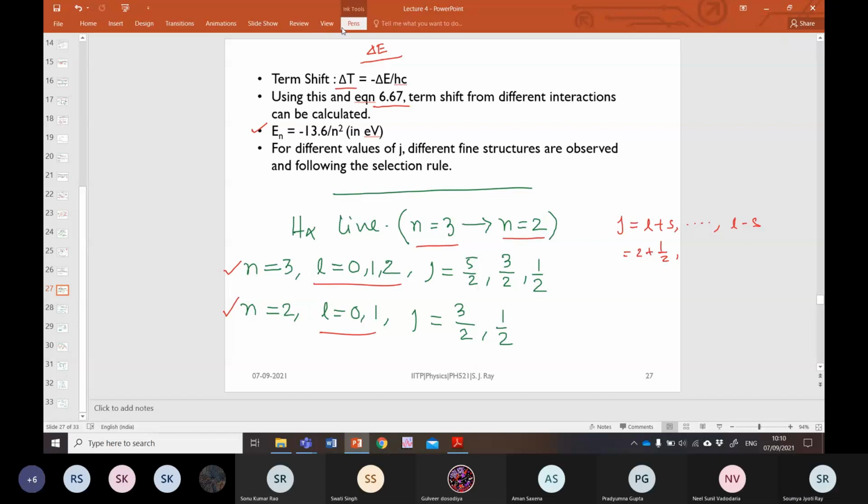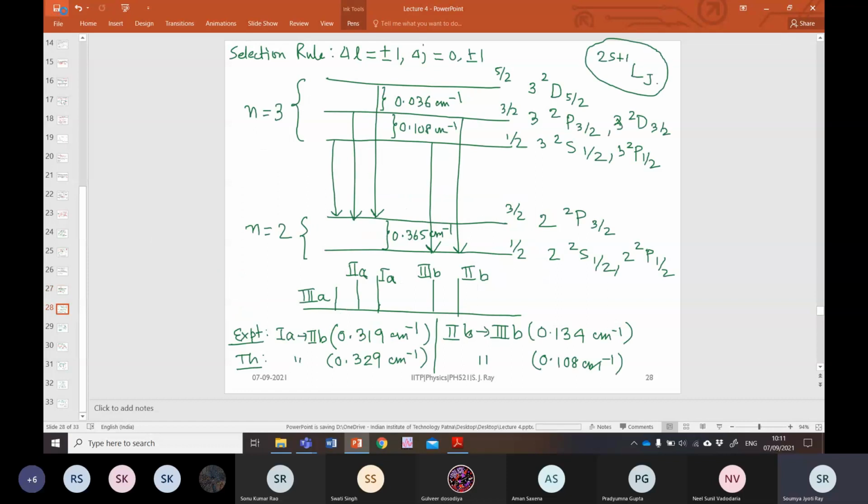Now if we draw the energy level diagram for such a specific case, then we will get something which I will show in the next slide. So here you can see there are several energy levels.